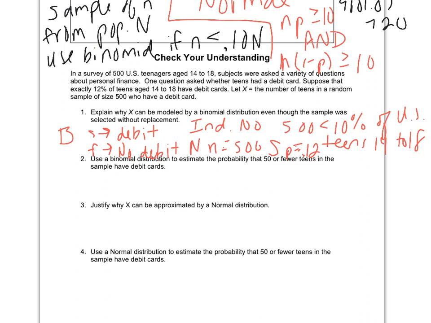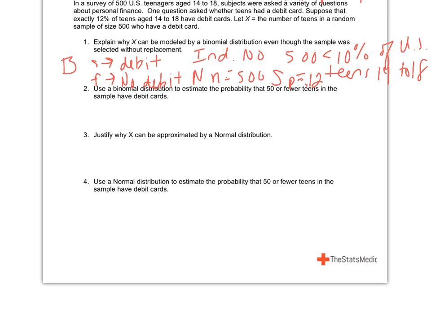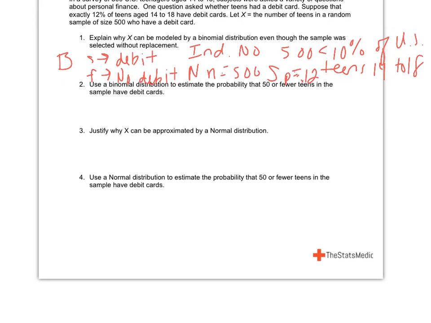So now number 2, we're using a binomial distribution to estimate the probability that 50 or fewer teens in the sample have debit cards. So we're looking for the probability that X is 50 or less.